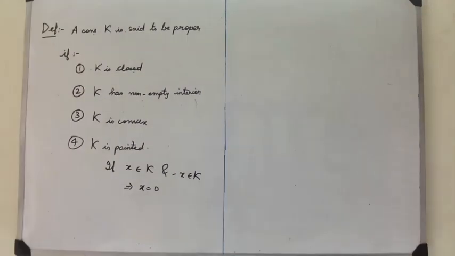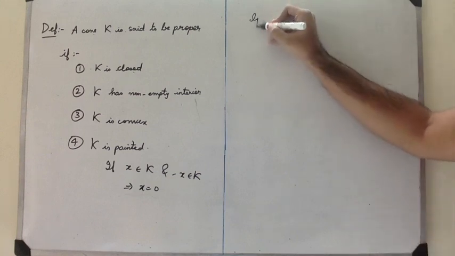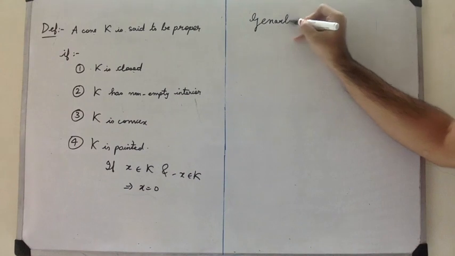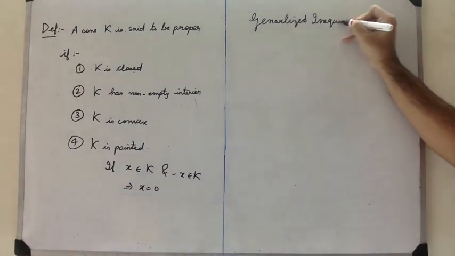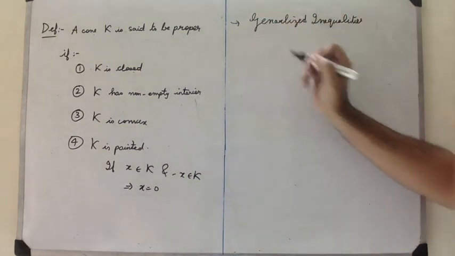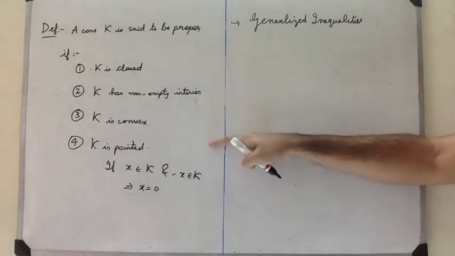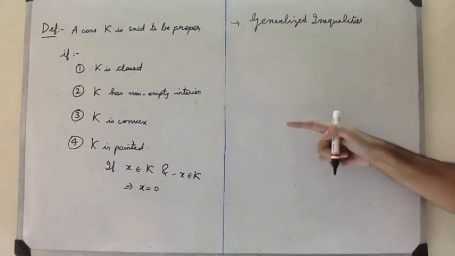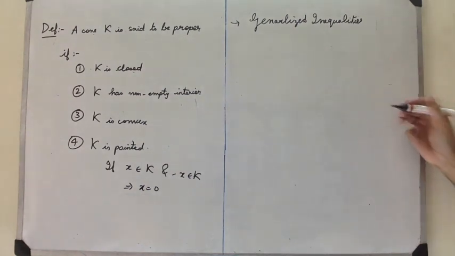We can use a proper cone to define what are called generalized inequalities. We'll come to the reason why all these properties for the proper cone are required when we explore properties of these generalized inequalities.